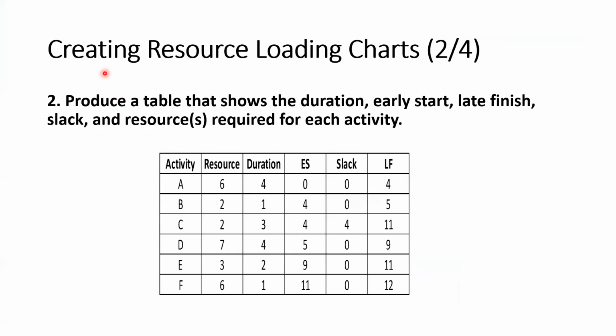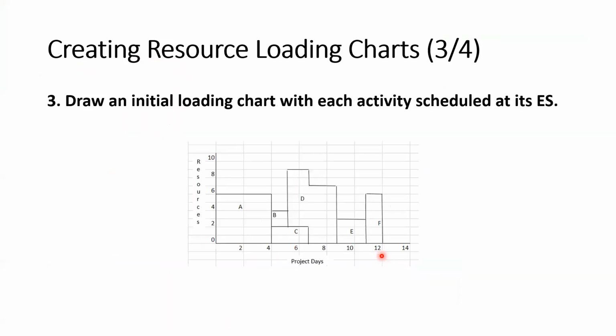We have now filled out this table. The next one is: draw an initial loading chart with each activity scheduled at its early start. So you have to draw the loading chart now, right?